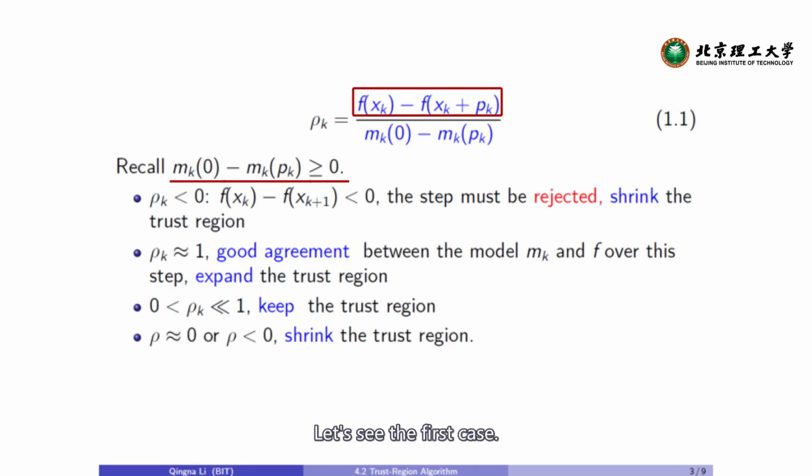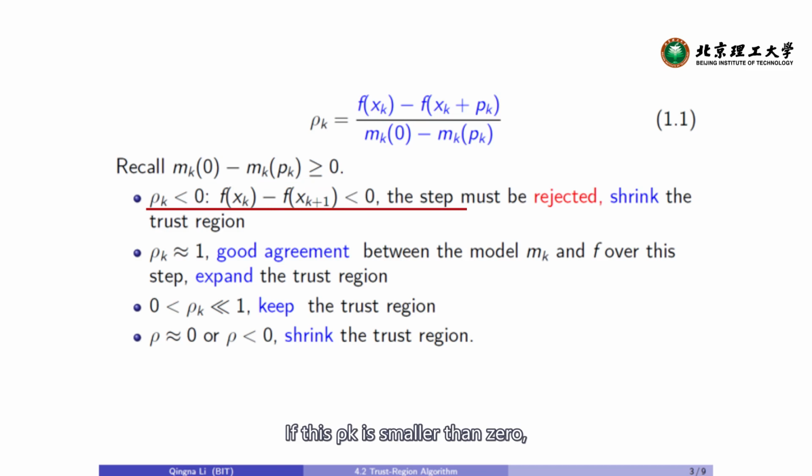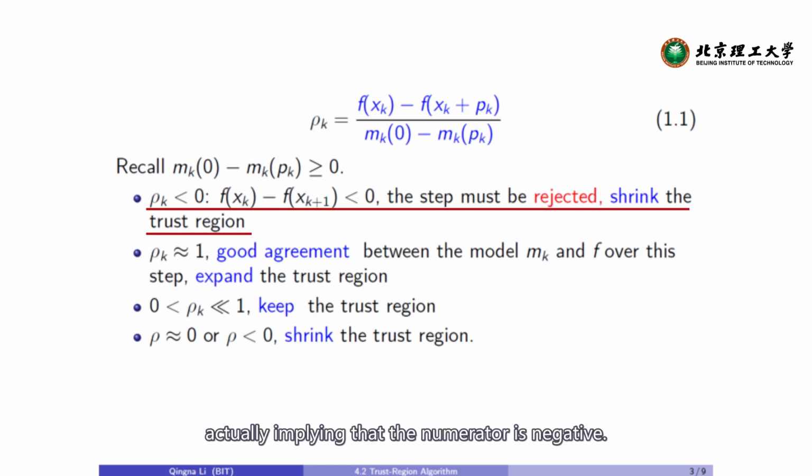Let's see the first case. If rho k is smaller than 0, so rho k is negative, it implies that the numerator is negative. In other words, the function value in the next iteration is greater than the current one.